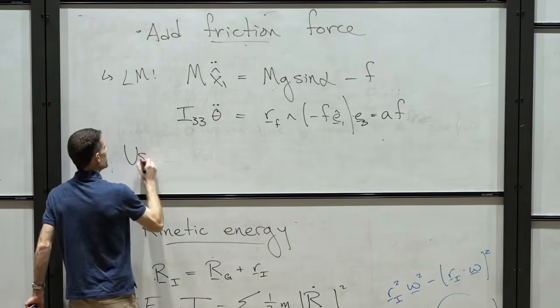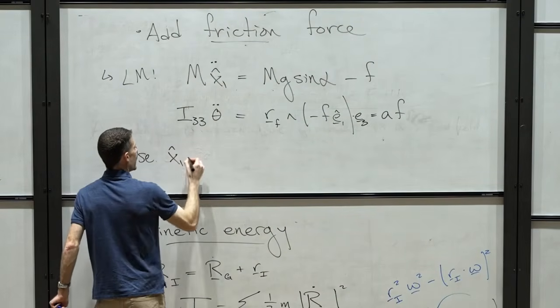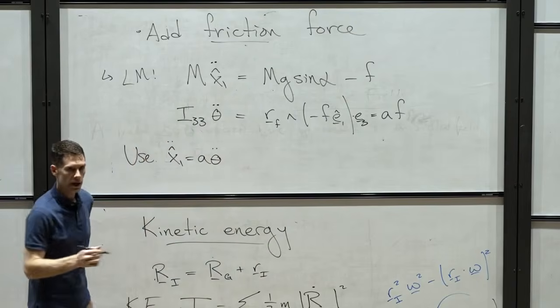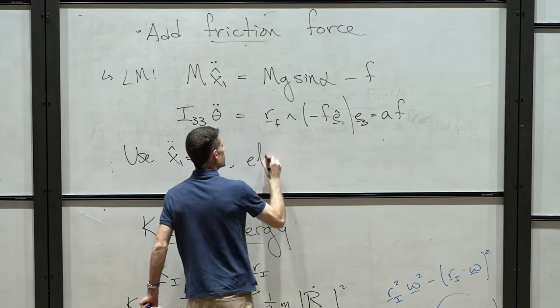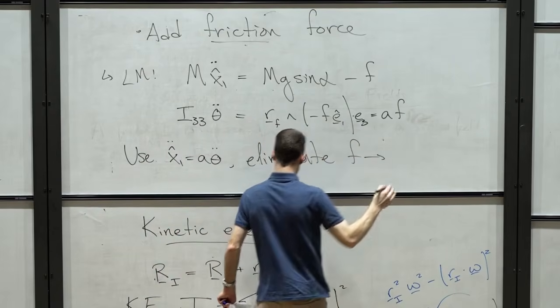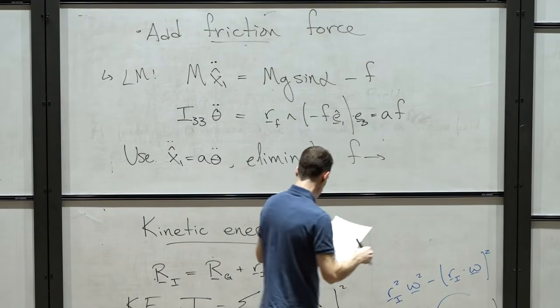So use x1 hat equals a theta, so x1 hat dot dot is a theta dot dot. Eliminate the f, and you get a single equation, which I'll just write, and then we'll have to stop.